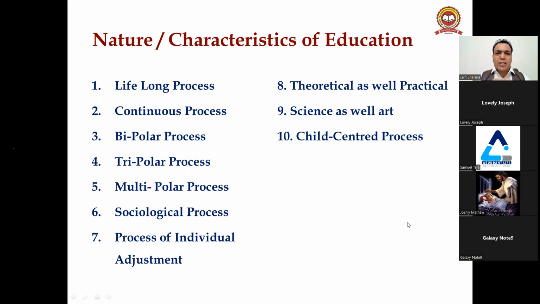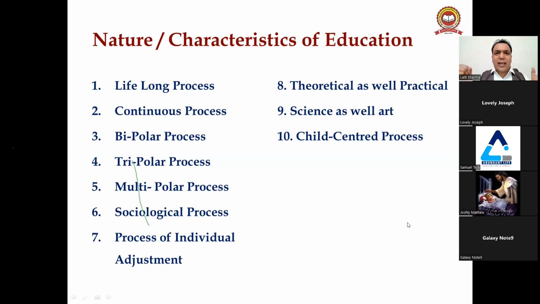Process of individual adjustment. Yes, you make the student adjust in the education process. Theoretical as well as practical. It is theoretical as well as practical also, right? Because when we do education, it becomes our philosophy. We develop a philosophy, and when we apply that philosophy, at that time it becomes practical.